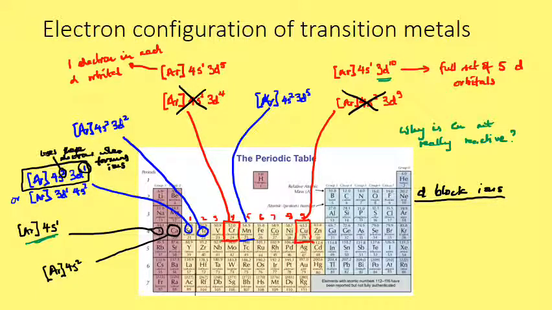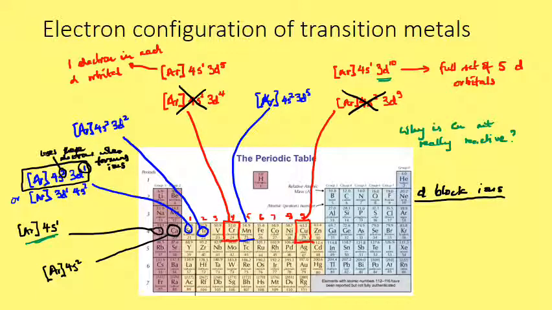It's unusual, and the way you can think about it, if you like, is that when you're filling electrons as you go along the periodic table, you're filling them in energy level order, but for the transition metals, when you lose electrons, you lose them in order of distance from the nucleus. So you can imagine that the 4s orbitals are further from the nucleus than the 3d orbitals, even though they're at a lower energy level than the 3d orbitals.